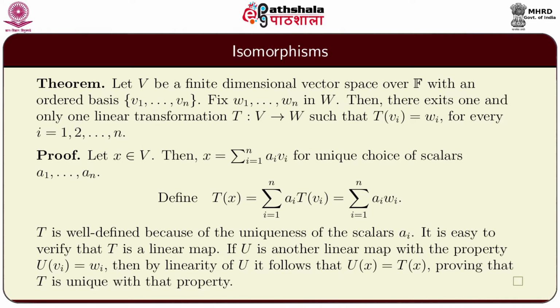So, suppose that U is another linear map with this property U of Vi is equal to Wi, then U of x will also be equal to T of x, and that is because of the linearity of U. We therefore have Ux is equal to Tx for all x in V, and therefore U is equal to T, showing that T is unique.